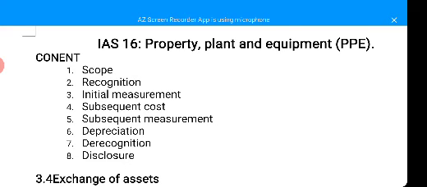As long as the future revenue will flow to the entity, that asset is your asset, and you can recognize it. Those are the two recognition criteria.